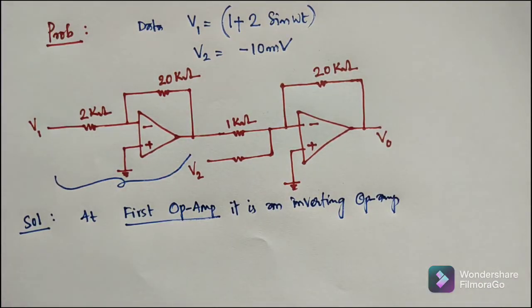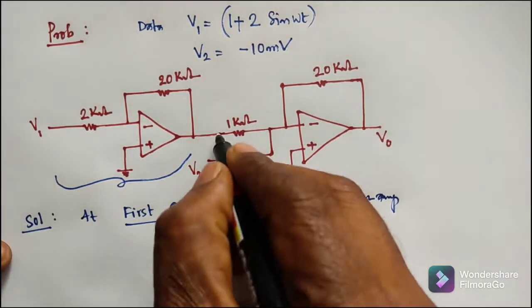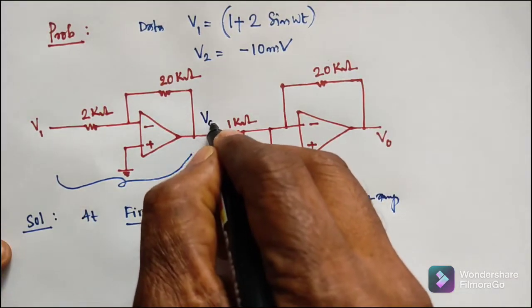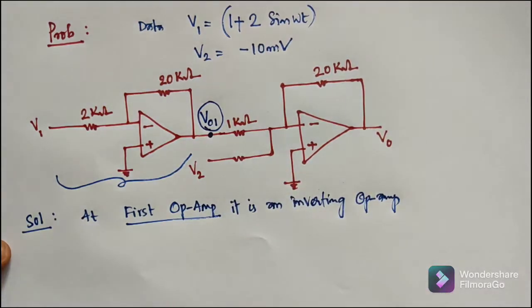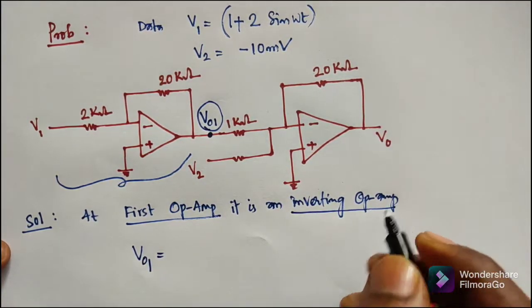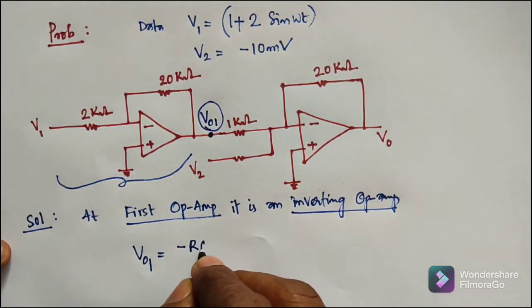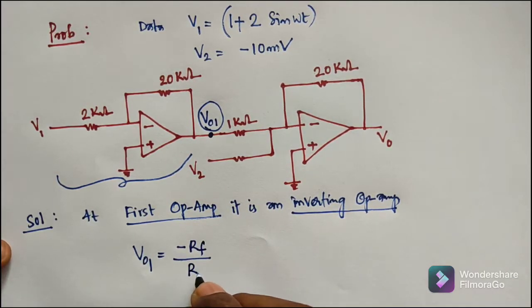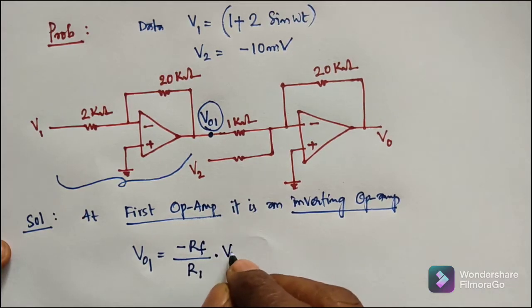For this, you can take this output as V01. V01 is equal to, for an inverting amplifier, minus RF by R1 into V1.